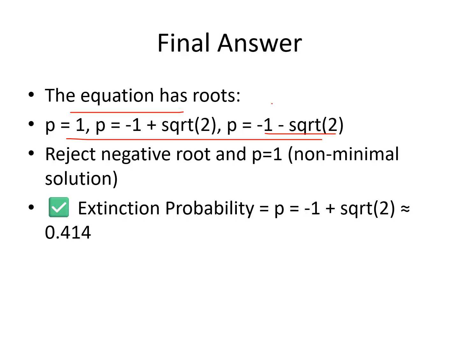So this is negative. We reject this, probability cannot be negative. This is 100% probability. So we take the non-trivial solution, which is the second root, -1 plus root 2, and this is the final answer to this question.